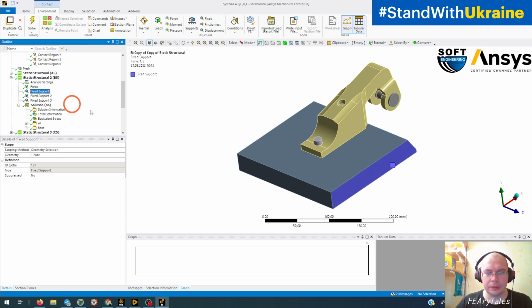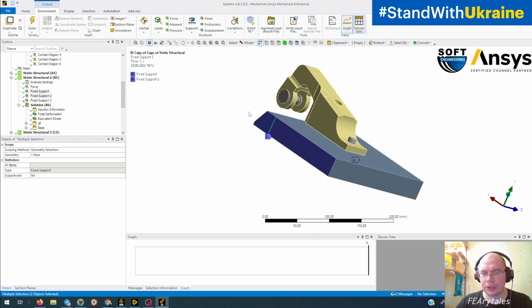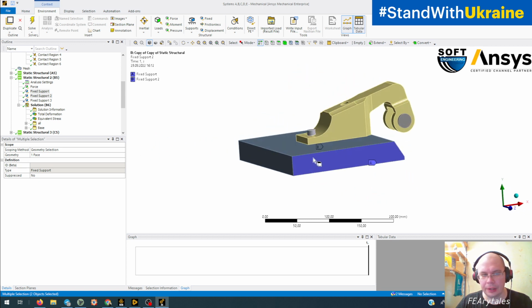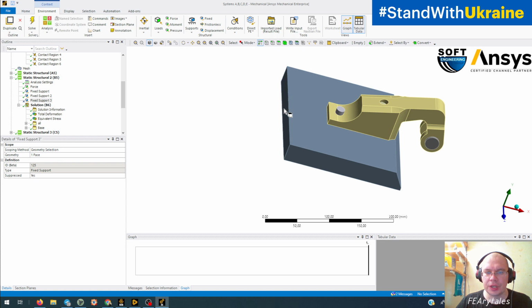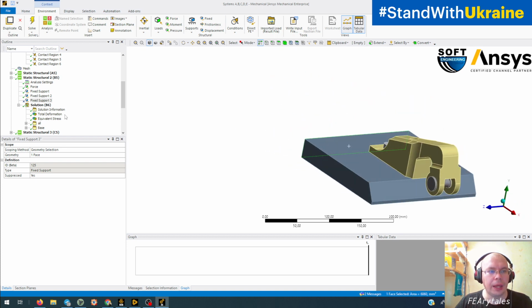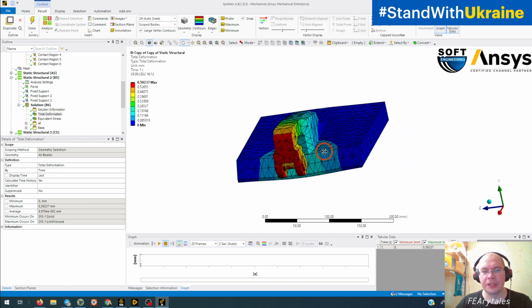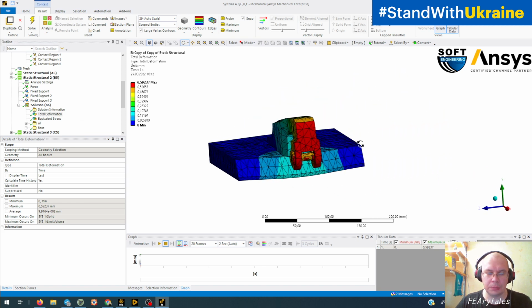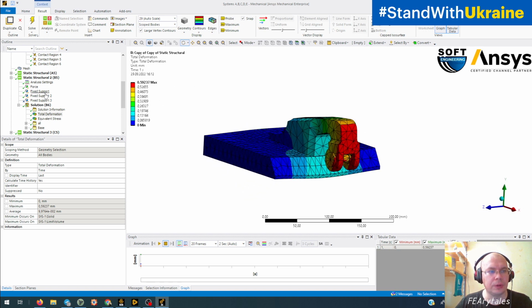We have fixation here and delete or suppress fixation on this face. And we have 590 microns of deformation, so it's more than we have on the previous.